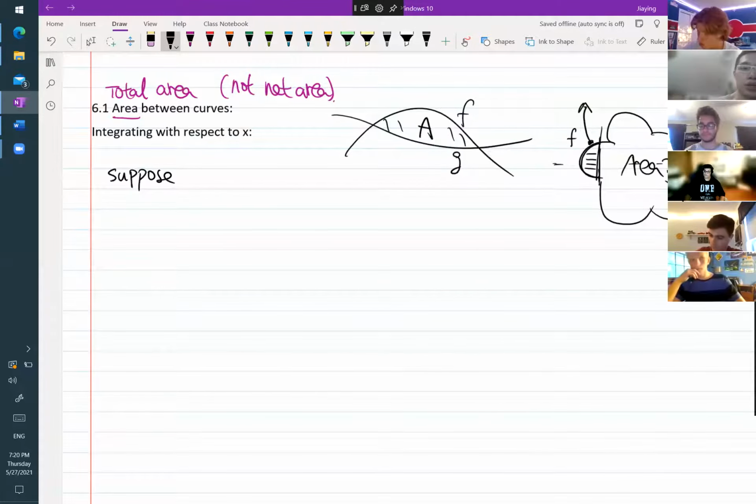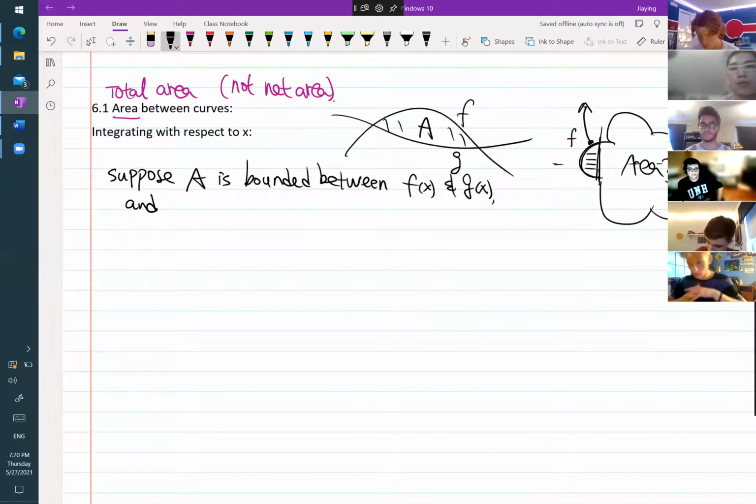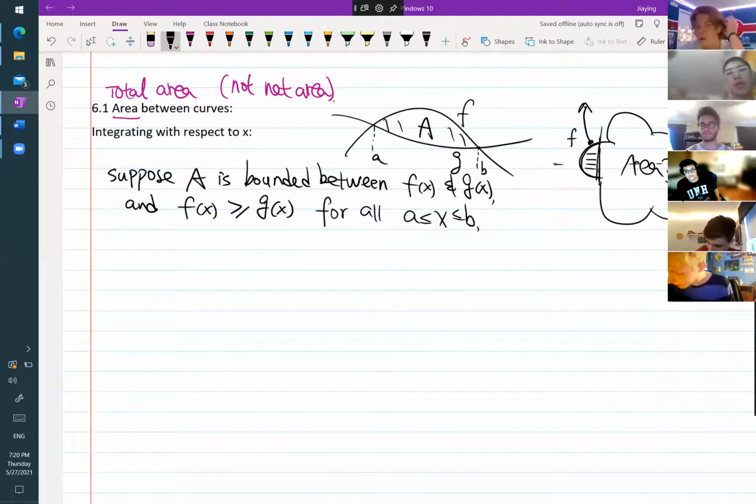Suppose A is bounded between f of x and g of x, and f of x is greater than or equal to g of x, and I probably should label this a, label this b, for all x between a and b. a and b don't have to be the endpoints. It depends on the region.